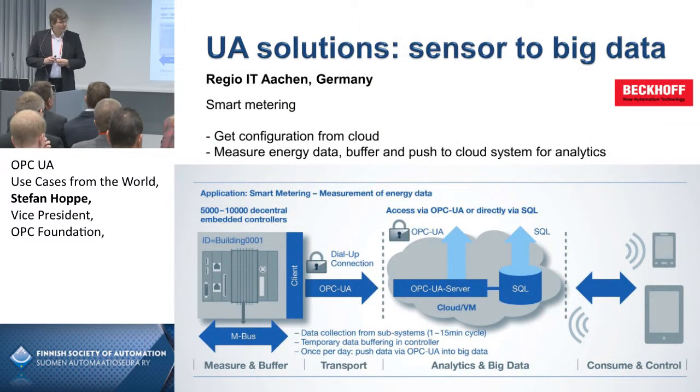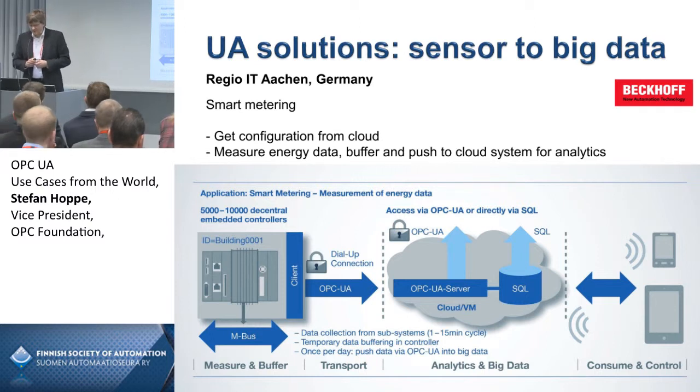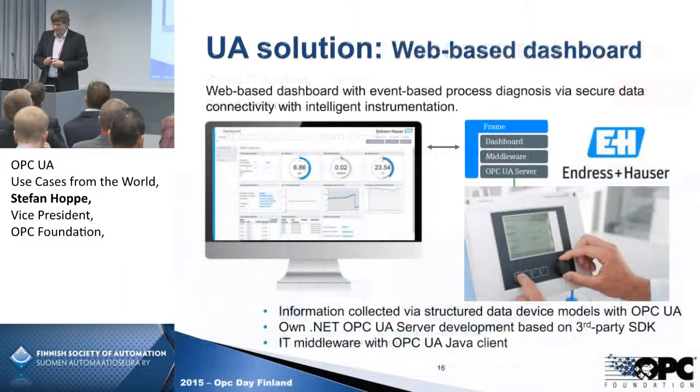Connecting to the cloud, as mentioned before, an OPC UA server integrated into a controller allows very easy handling of controllers. You just send them out, and the controller automatically connects to the cloud, downloads its configuration, and then starts measuring and pushing the measurement data into specific cloud accounts. So this is available today.